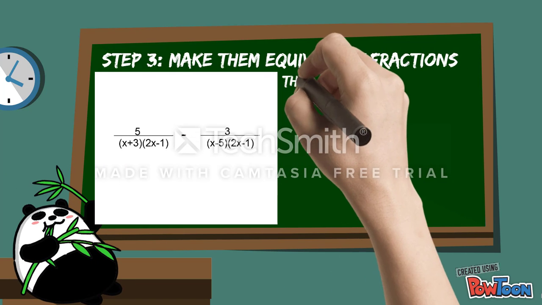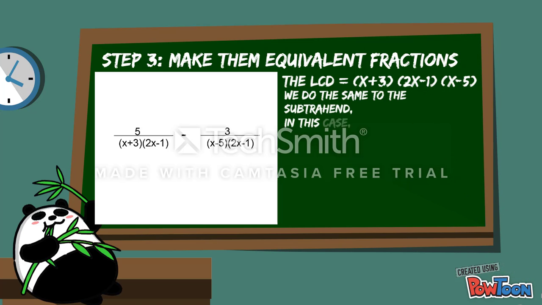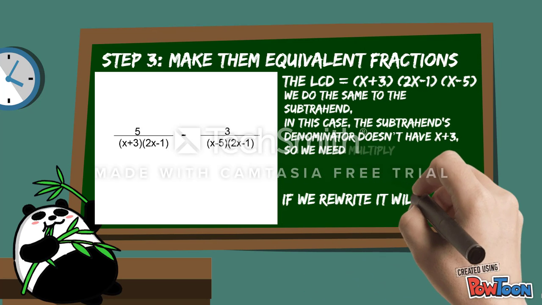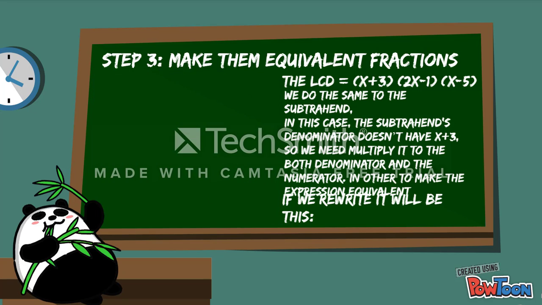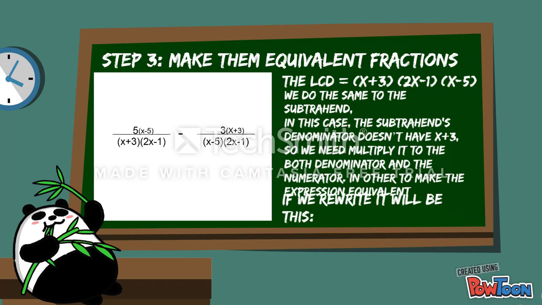In this case, however, the subtrahend's denominator doesn't have x plus 3. So we need to multiply it to both the denominator and the numerator in order to make the expression equivalent. When we rewrite the expression, we'd have 5 times x minus 5 subtracted to 3 times x plus 3 over the LCD x plus 3 times 2x minus 1 times x minus 5.